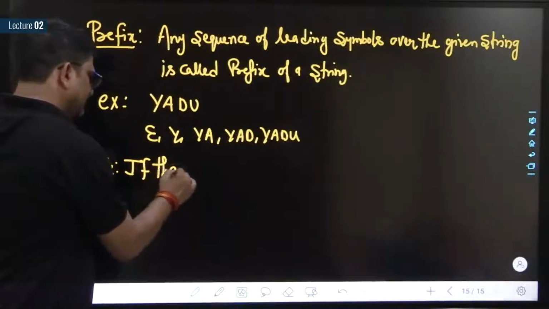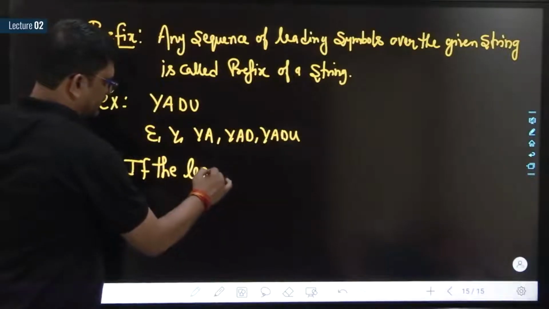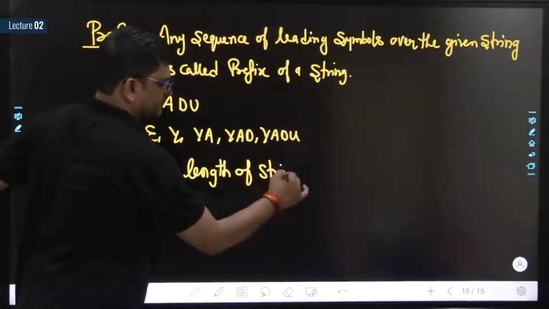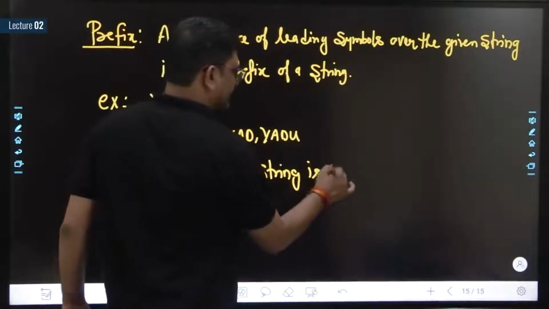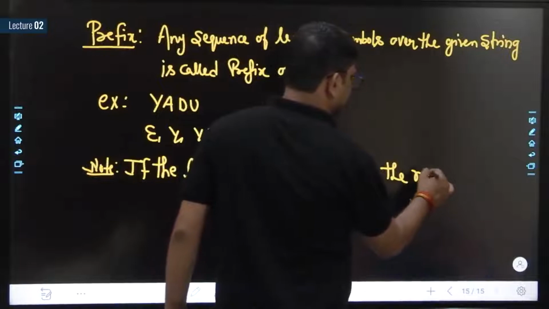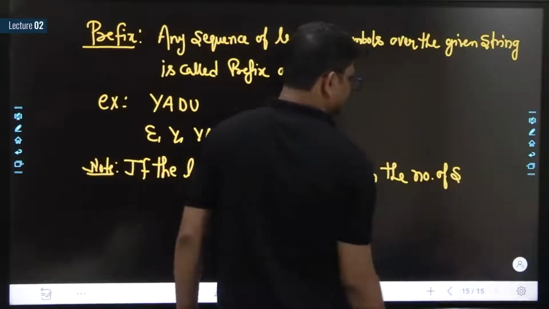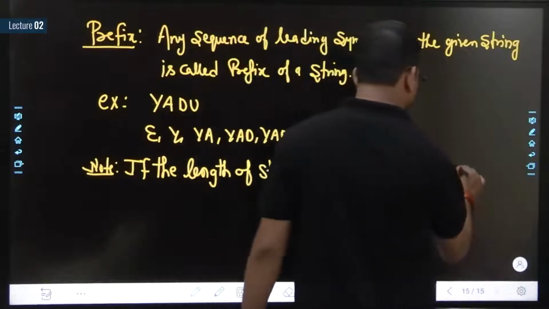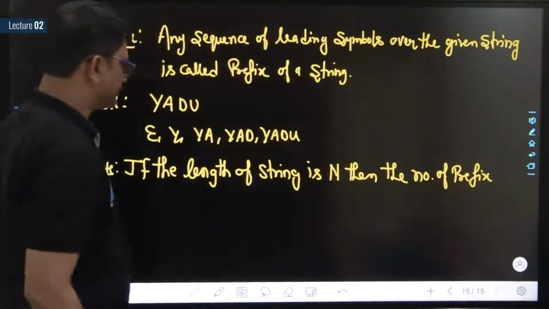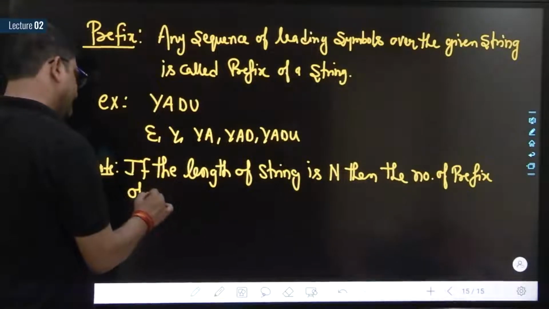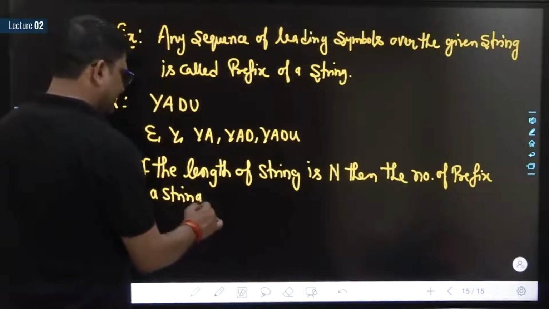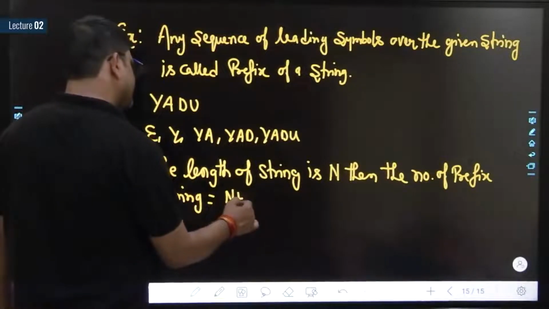Note: if the length of the string is n, then the number of prefixes of a string equals n plus 1.